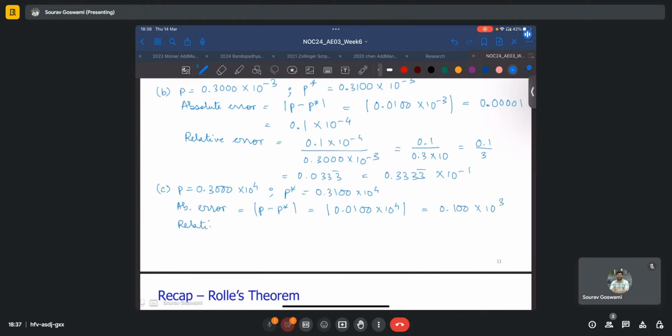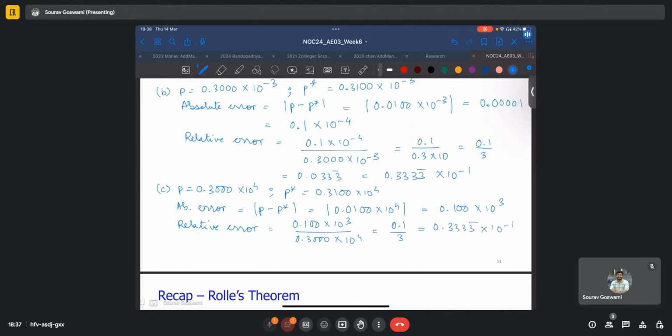The relative error is 0.100 into 10 power 3 by 0.3000 into 10 power 4, or once more it is 0.1 by 3, or 0.3333 into 10 power minus 1.